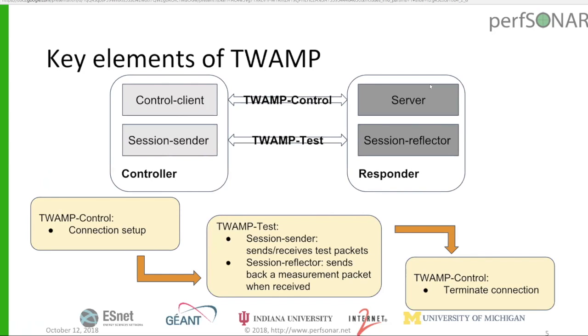The endpoints, the controller and responder, in fact, also consist of two smaller logical pieces called, on the controller side, control client and session sender, and on the responder side, server and session reflector. And we have these two protocols called TWAMP control and TWAMP test. So as you can see, the control and the tests may be separated.